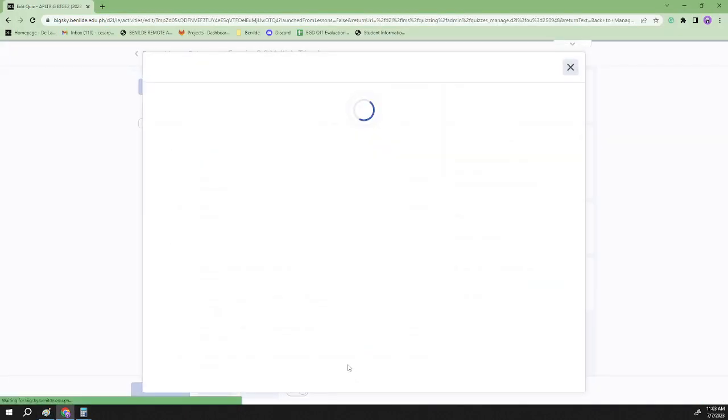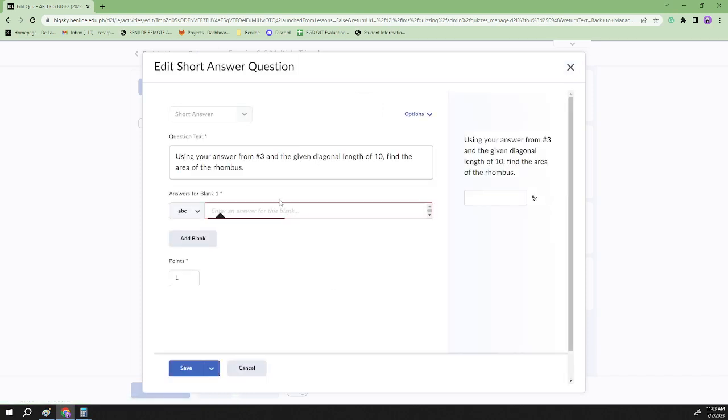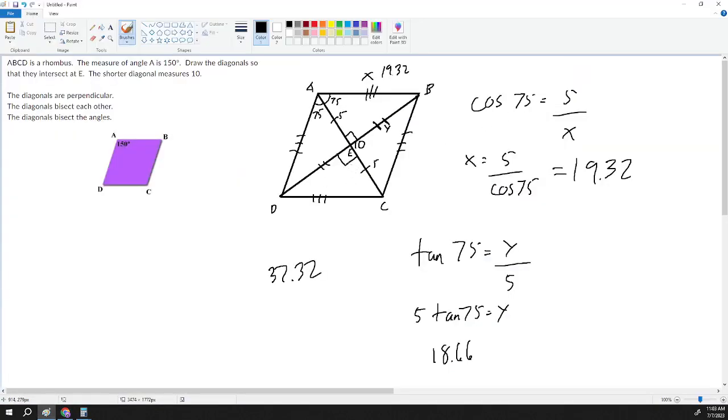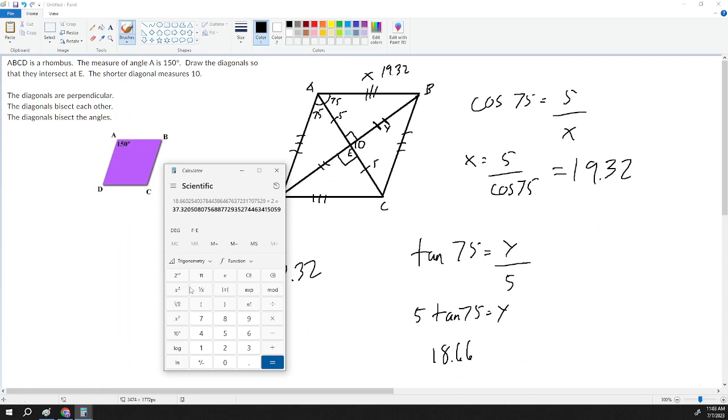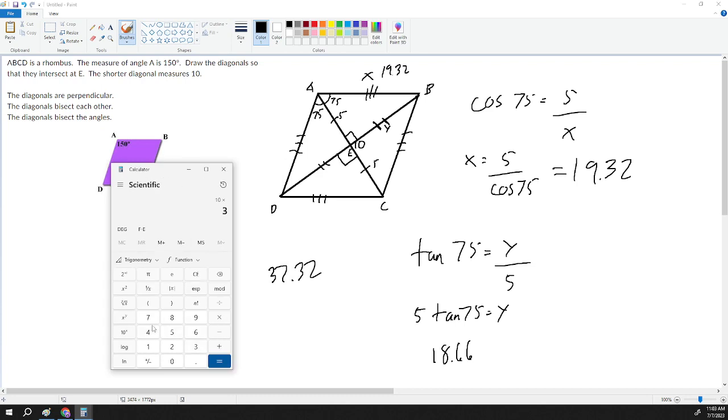Finally, using your answer, so number 3, given the diagonal length of 10, find the area of the rhombus. So the special equation for this is multiplying both diagonals, 10 times 37.32, and divided by 2.